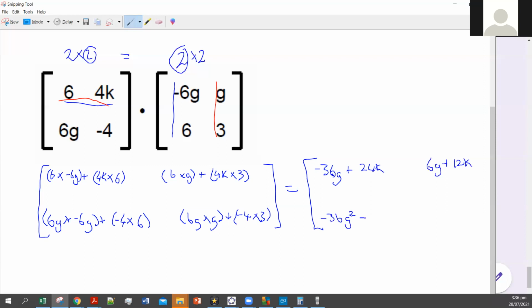Then we have minus, because plus minus will give us minus 24k. And on the other side, we'll have 6g squared minus 12. And this is your final answer for this.